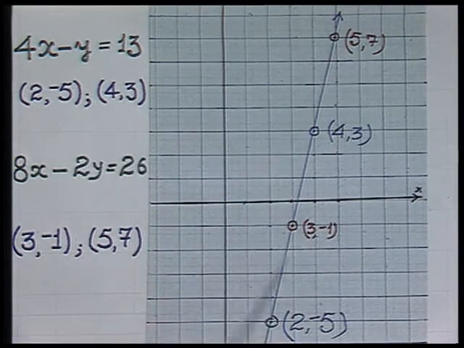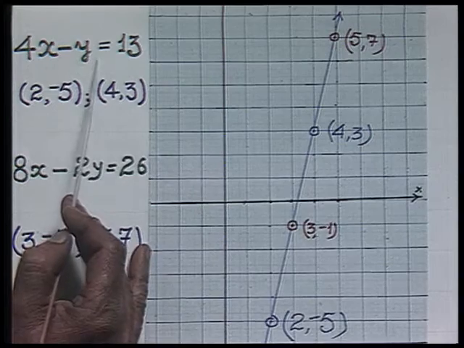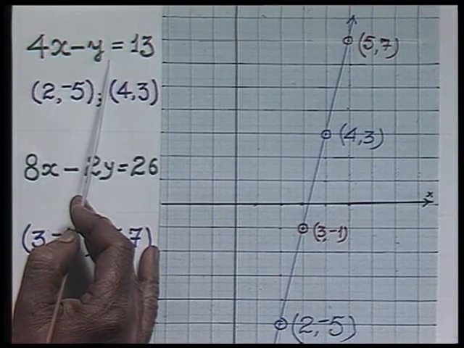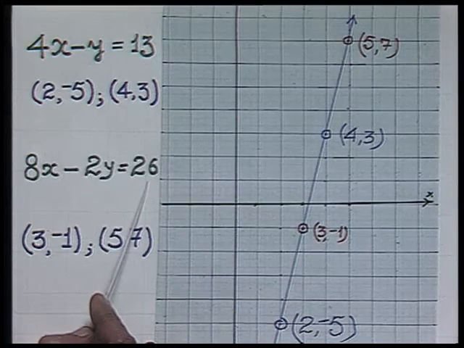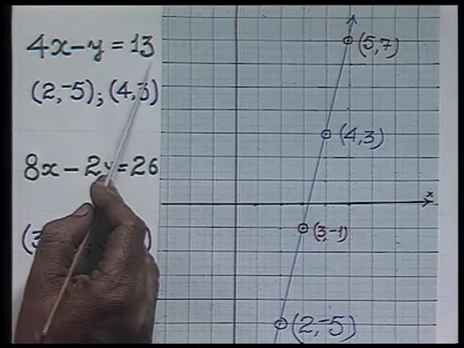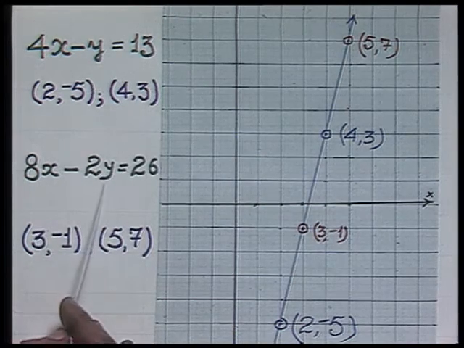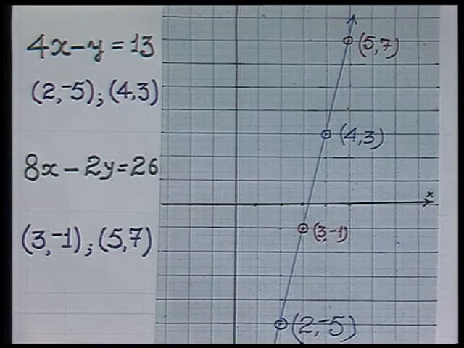There are infinitely many, and all those ordered pairs will be satisfying both the equations, that is 4x minus y equals 13 and 8x minus 2y equals 26. So this system has infinite solutions. So here we plotted the graph for two systems.